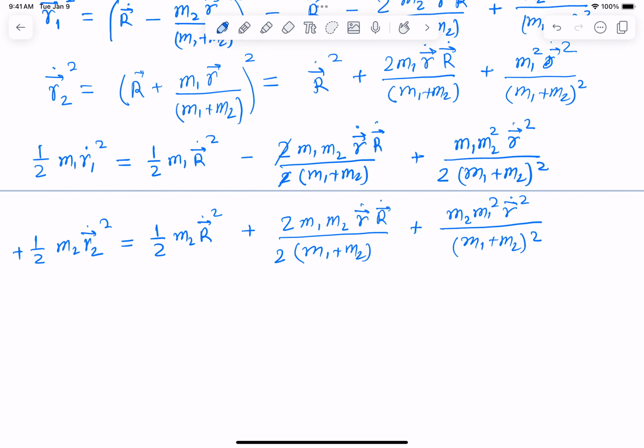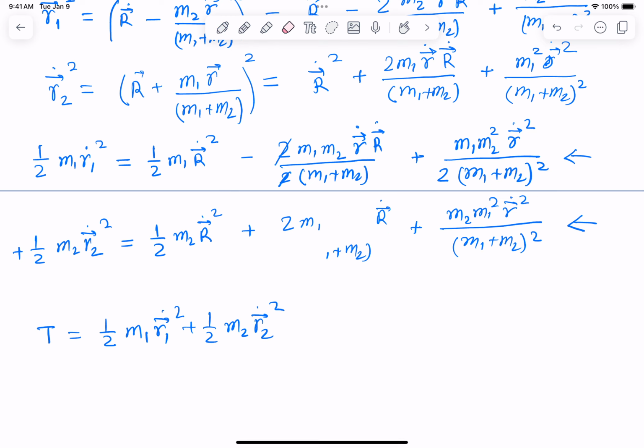Now the kinetic energy is given as half of m1 r1 dot squared plus half of m2 r2 dot squared. Because we are adding these two terms, it essentially means we add this term and this term together. You can check that the term in the middle, which comes with a positive and negative sign, they're exactly the same, so they cancel.